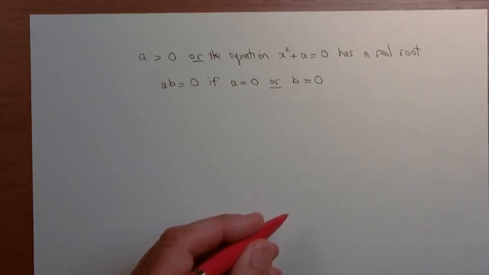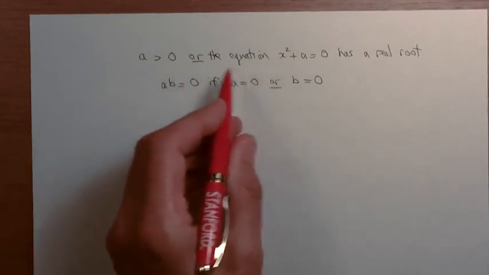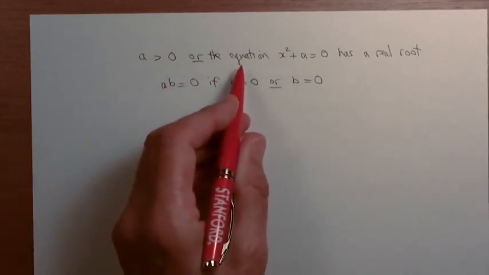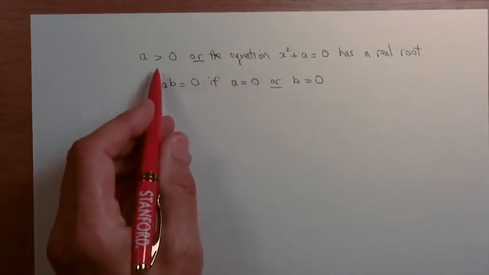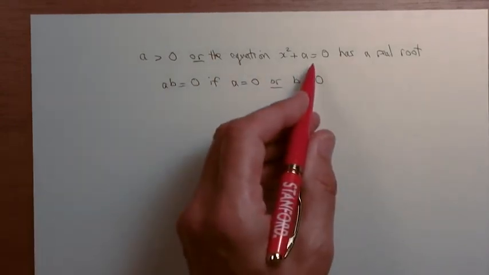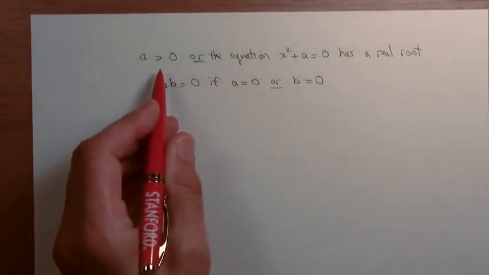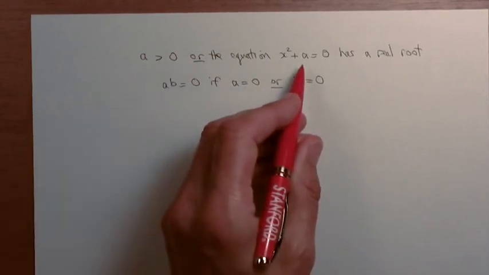In the first sentence, there's no possibility of both parts being true at the same time. Either A is going to be positive, or this equation will have a real root. They can't both occur. If A is positive, then this equation does not actually have a real root.